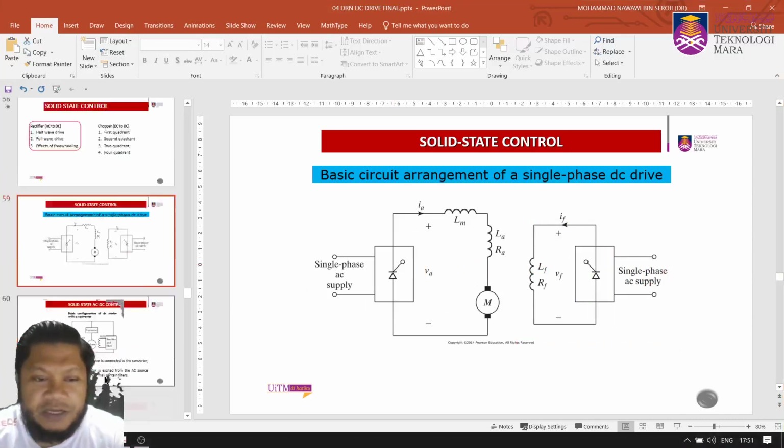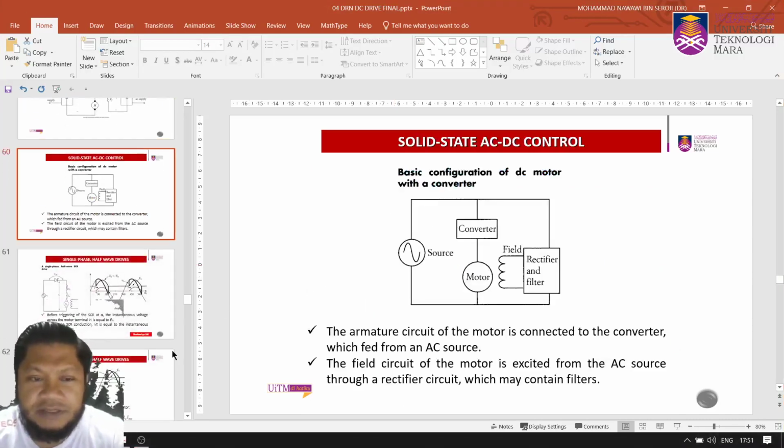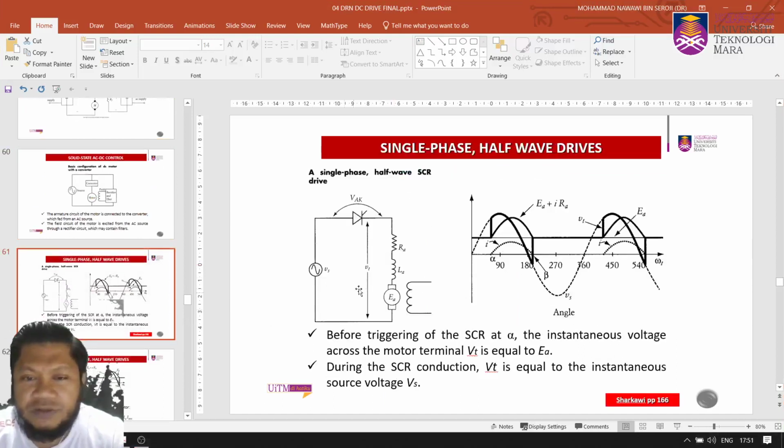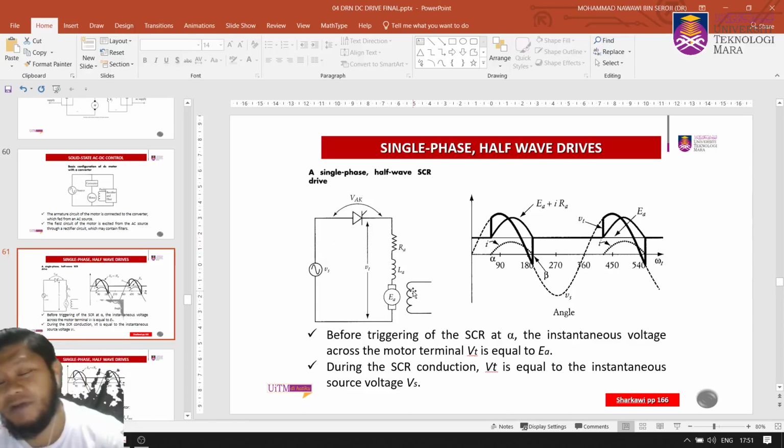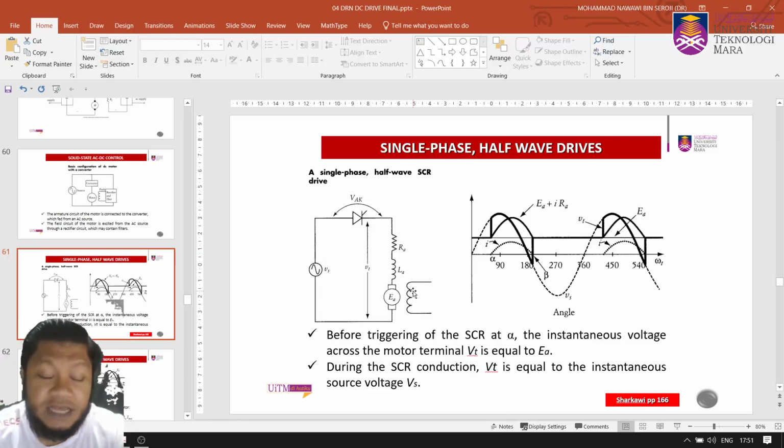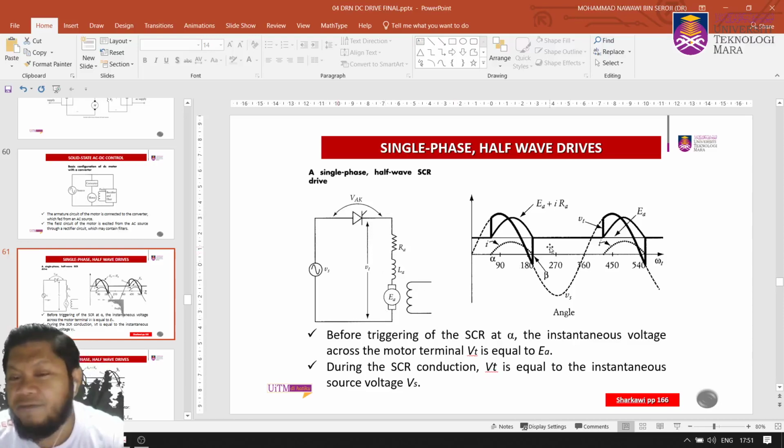Okay, we look at the solid state drive, first the single phase half wave rectifier connected to your motor windings. To simplify the analysis, we assume that it is a separately excited motor. So we connect the half wave rectifier directly to the terminals here, and this is the waveform.